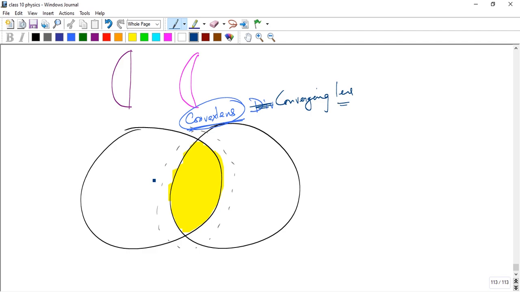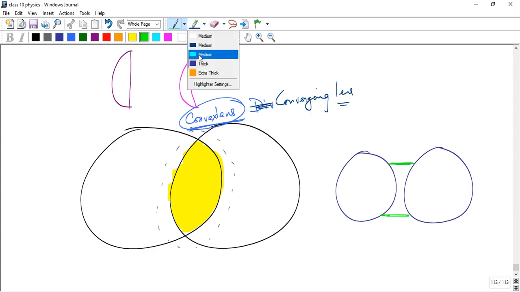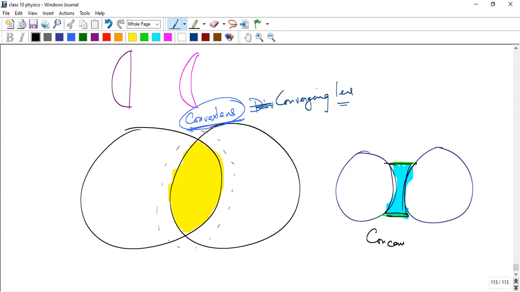Similarly, if two small spheres overlap, since there is lack of space I draw small spheres, and if I join these two and mark this portion, look carefully, it looks like a concave lens.